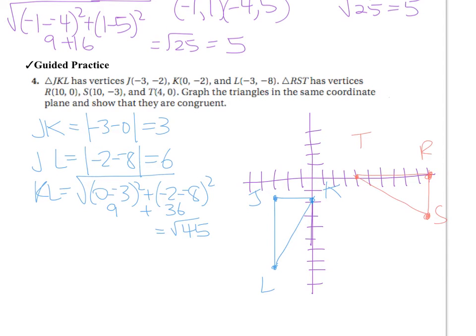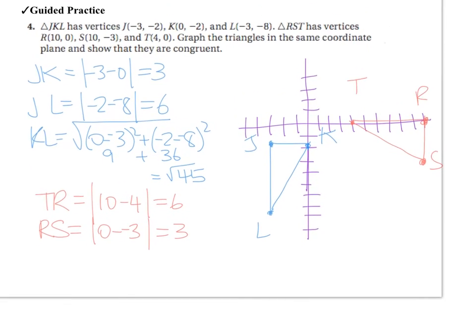So we can do length of TR, horizontal. So I just need the X's. 10 minus 4, 6. We can do RS, which would be 0 minus -3. And then find the length of TS.